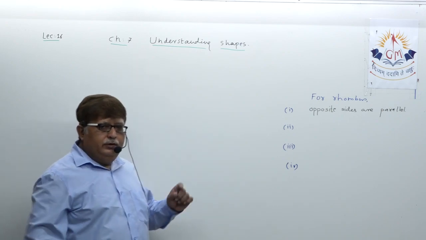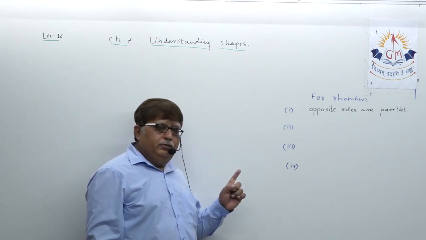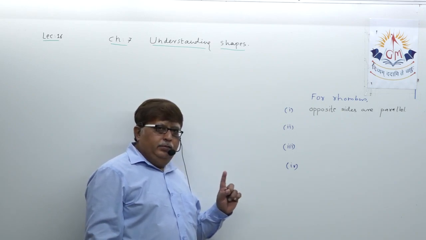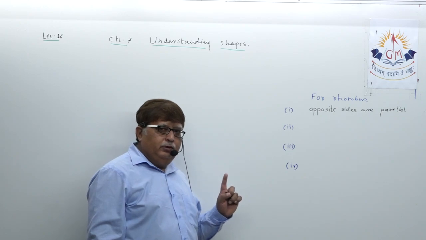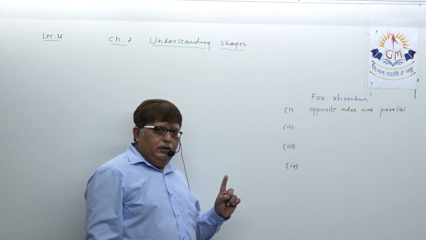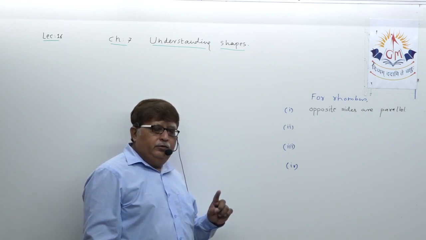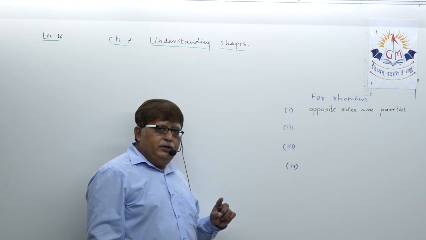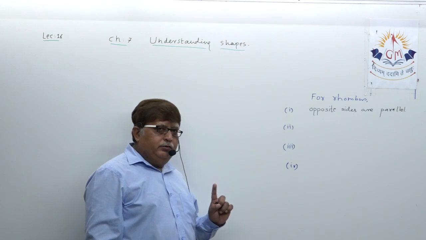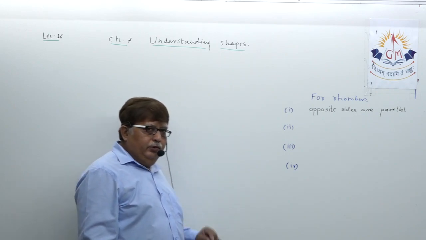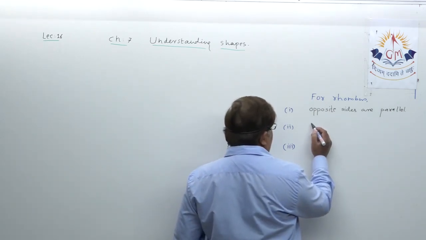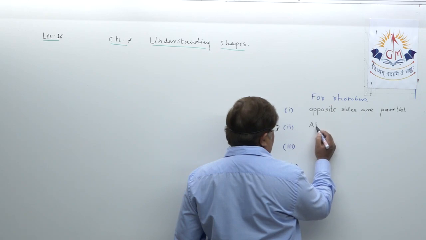That's the property similar to rectangle and parallelogram. In parallelogram also opposite sides are parallel. In rectangle also opposite sides are parallel. In rhombus also opposite sides are parallel.